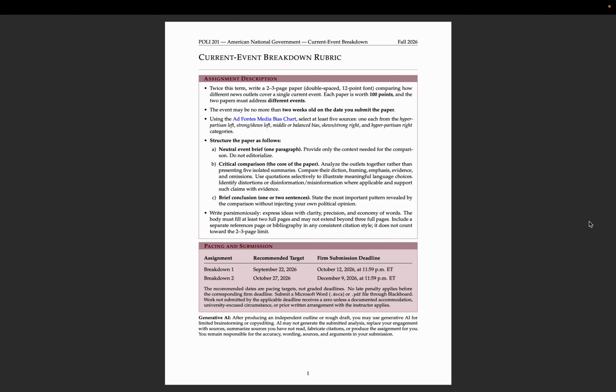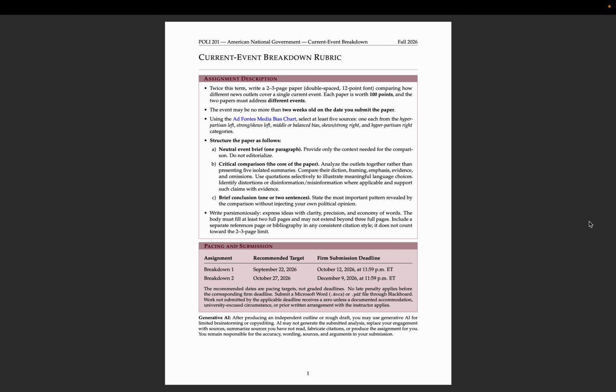I am hard and firm on how you submit your papers. You must submit it as a Microsoft Word, that's a .docx file, or a PDF file through the Blackboard submission portal. Please do not send me some weird link to OneDrive. Please do not send me some weird link to a Google Drive. It is so hard for me to access and comment on your files.